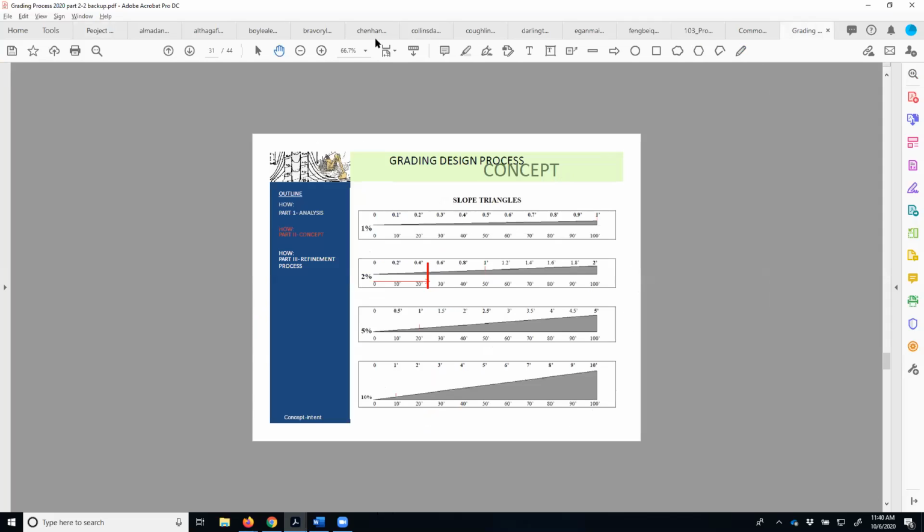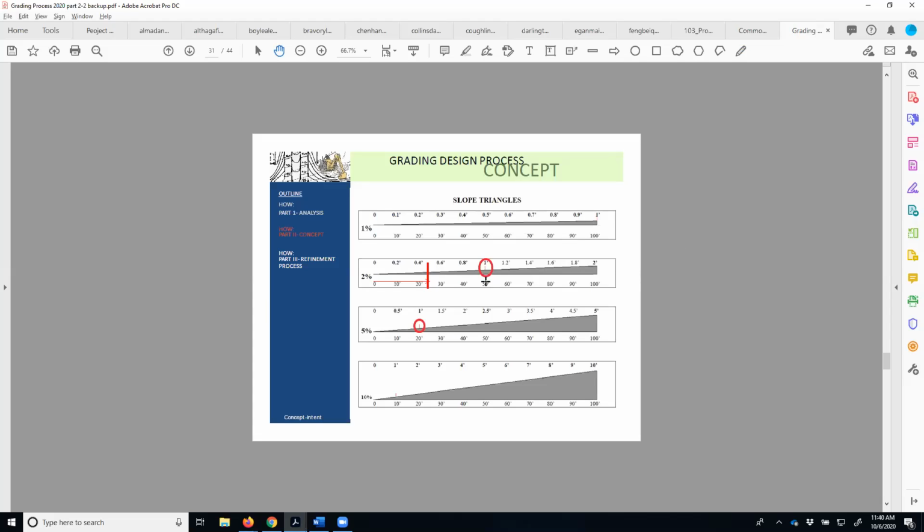And you'll notice on these triangles that I have over here, I've got these little red marks. And those red marks are telling you how far apart 1 foot contours are. So in a 5% slope, 1 foot contours are 20 feet apart. In a 2% slope, 1 foot contours are 50 feet apart.